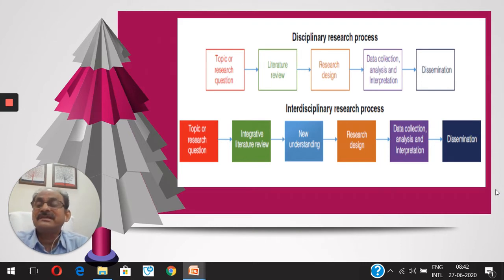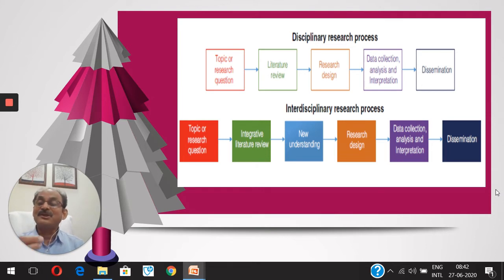So you can easily understand the difference between the disciplinary and interdisciplinary research process. It's just a simple mathematical block I am writing: 5 blocks in the disciplinary research process and 6 blocks in the interdisciplinary research process.